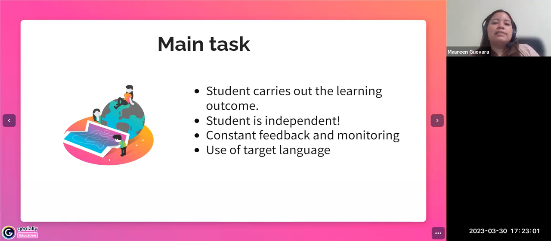If during the pre-task our students were exposed more to readings, more to writing, short sentences or paragraphs, the main task is going to be more about writing. So there should always be a connection between the pre-task and the main task, so that students can really see the connection, as that cycle.